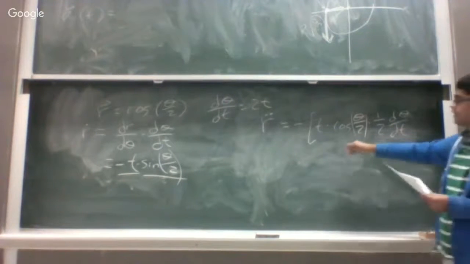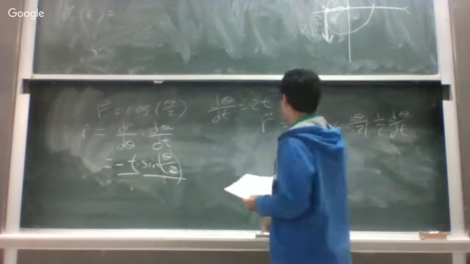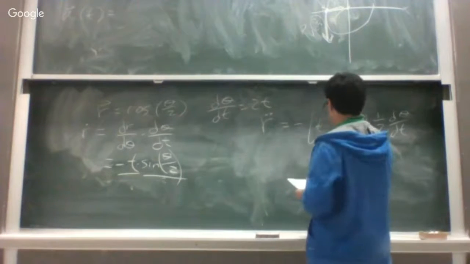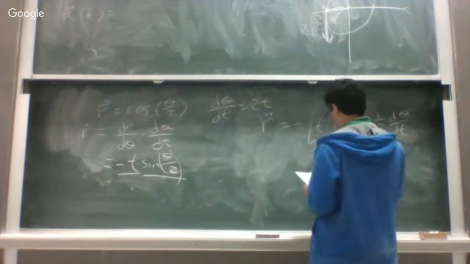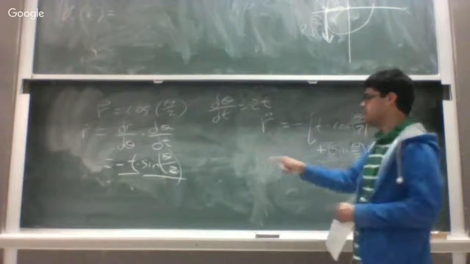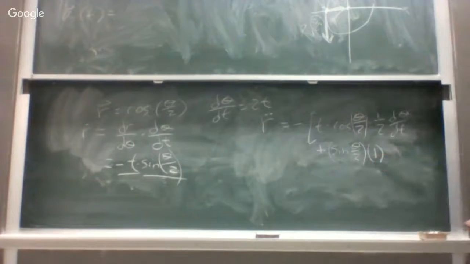That's taking the derivative of the sine of theta over 2. So then we'd add to that the derivative of t, which is just 1, times sine of theta over 2. Did that make sense? So we did the product rule here.